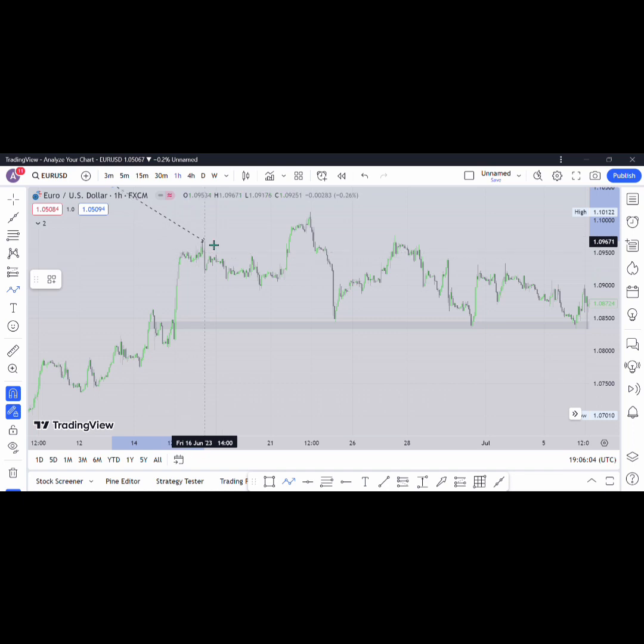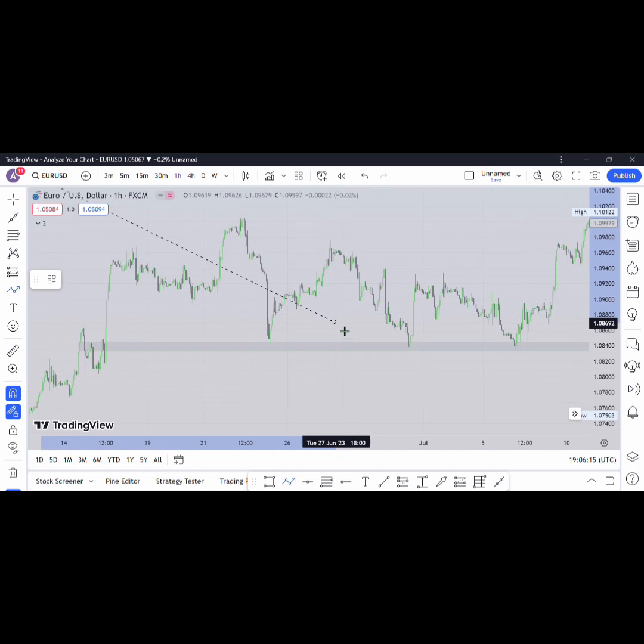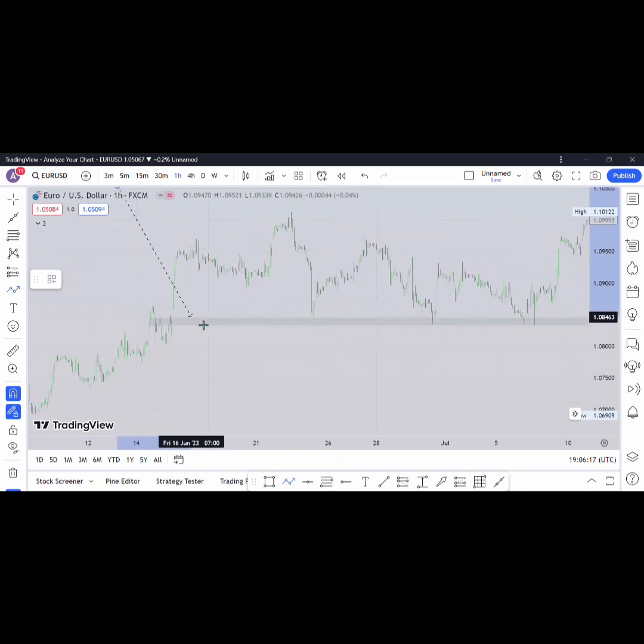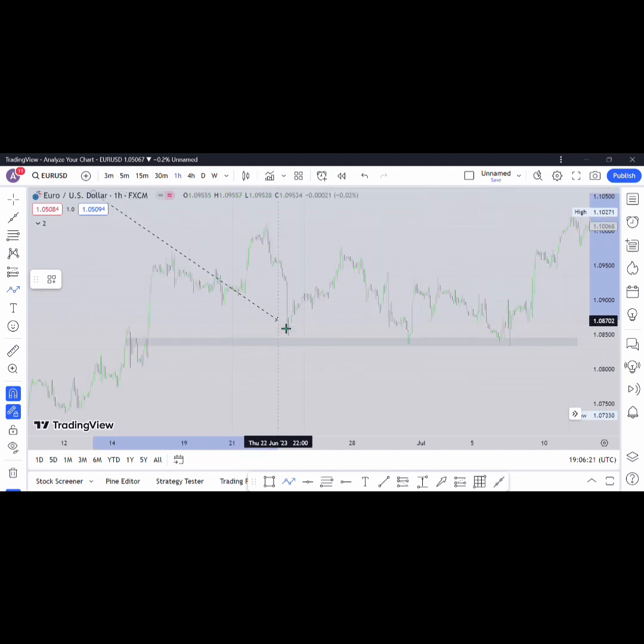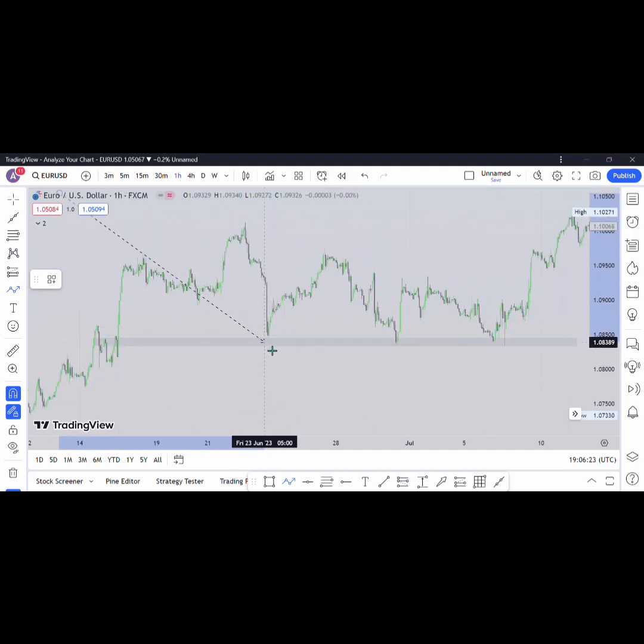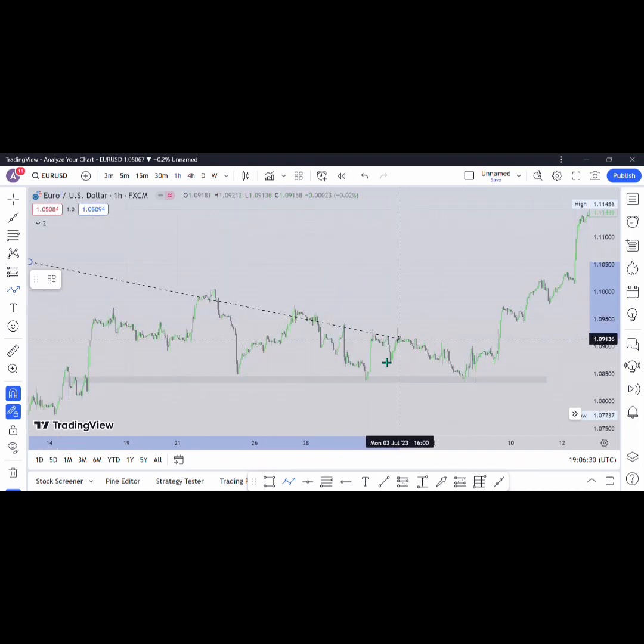Price pulled up and started doing some choppy market, and then came back to this support coming from here. This was a confluence for me to know that price is going to respect this zone in future.